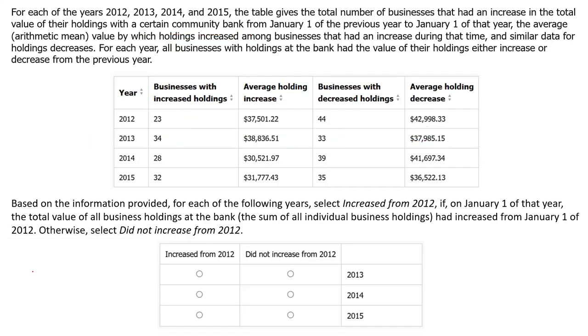Okay. Based on the information for each of the following years, select increased from 2012 if on January 1st of that year, the total value of all business holdings at the bank had increased from January 1st of 2012.